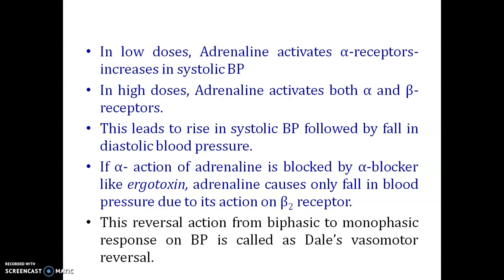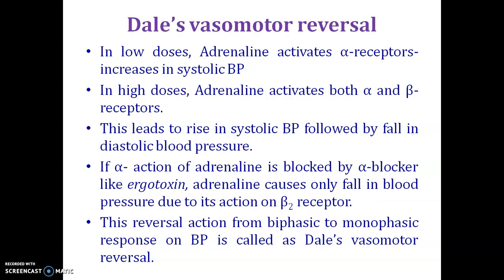But as its beta action is not blocked, it will result in a fall in diastolic blood pressure only. This conversion of biphasic action on blood pressure to monophasic action was first observed by a scientist, Dale, and hence this is called Dale's vasomotor reversal.